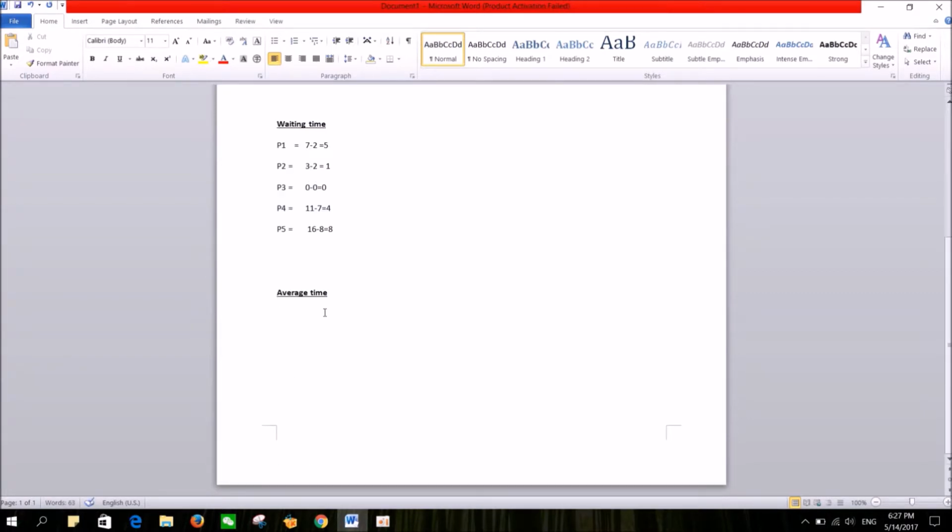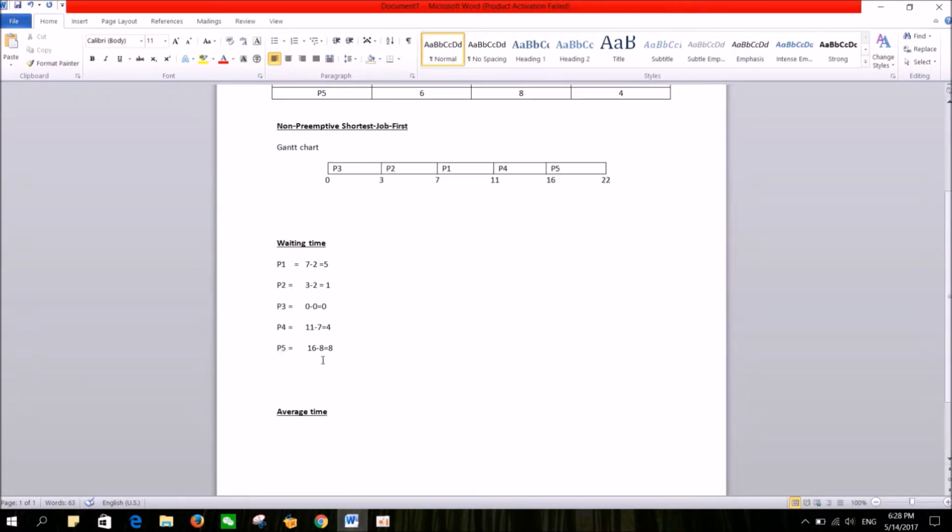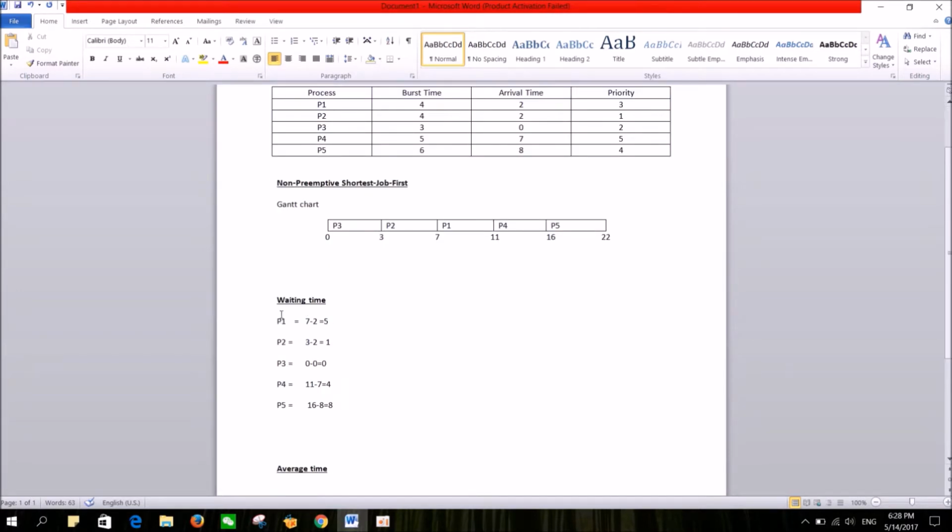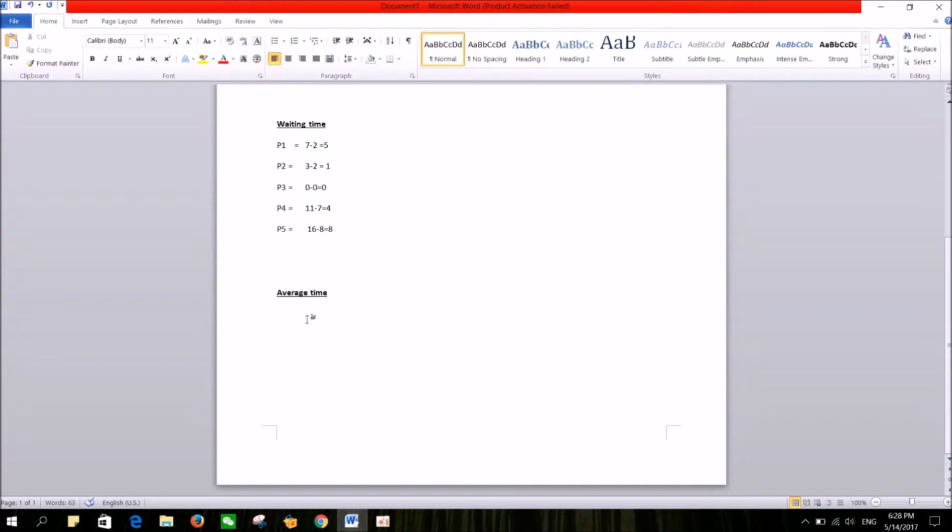And now we have to solve the average waiting time. How to solve this average is to total up the waiting time of each process, which is 5, 1, 0, 4, and 8, and divide by how many processes you have in the execution. In this question, we have 5 processes, so we divide by 5.